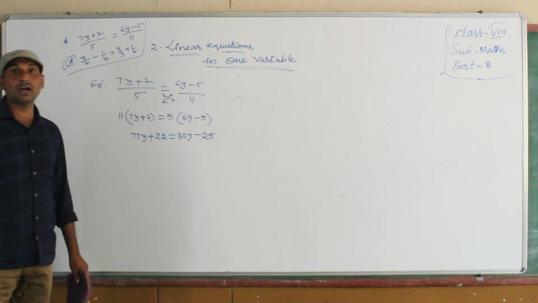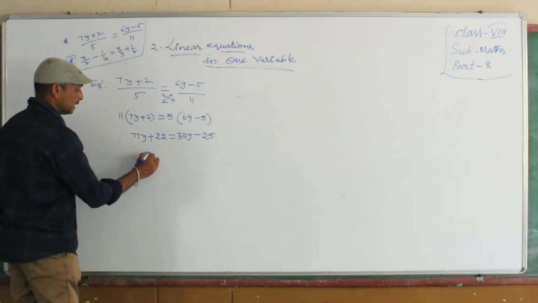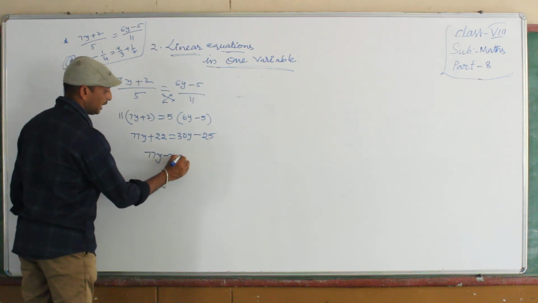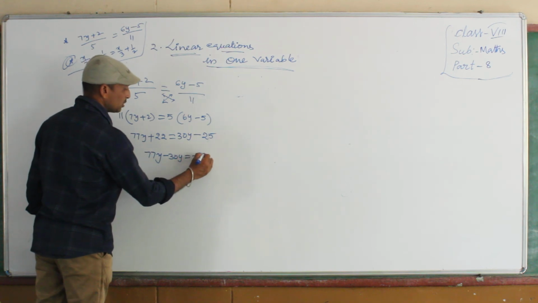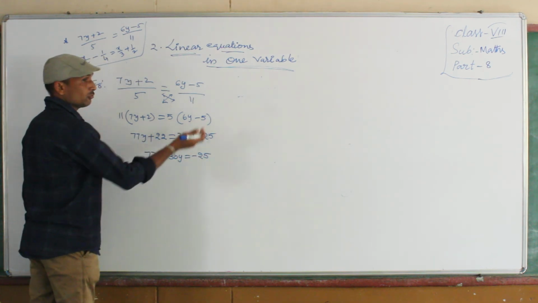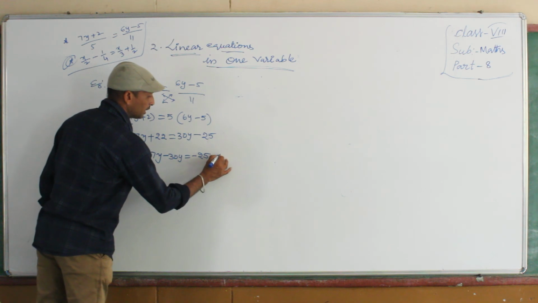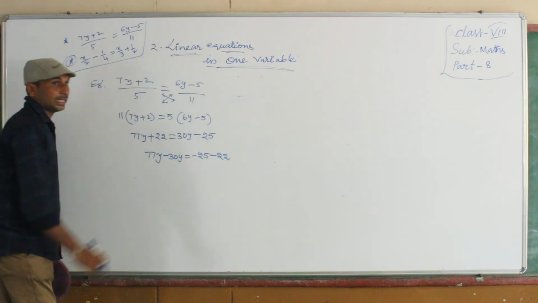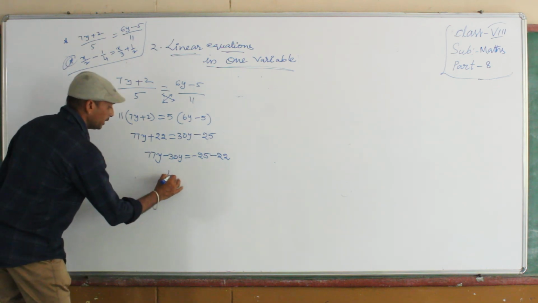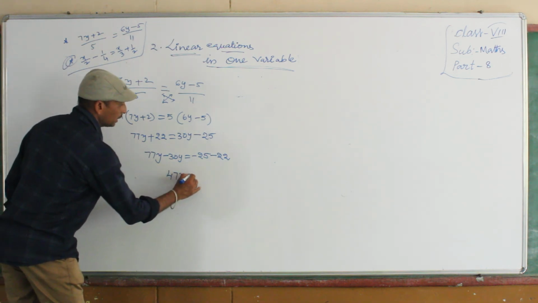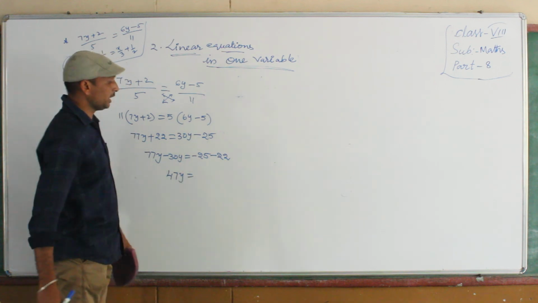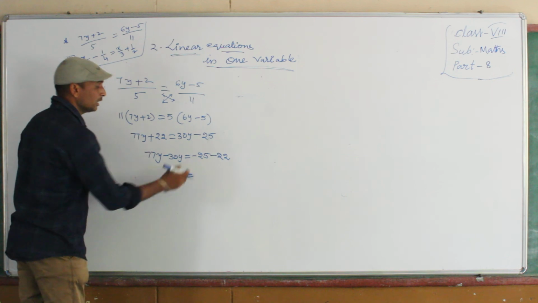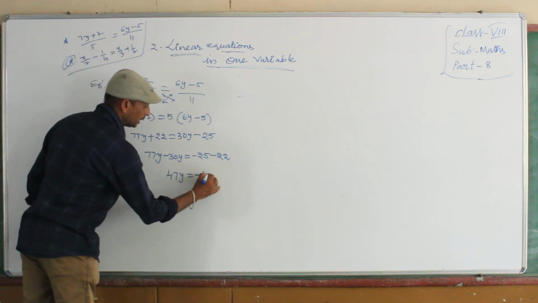Now all variables go to one side: 77y minus 30y is equal to minus 25, and this 22 transposes and becomes minus 22. 77 minus 30 is 47y. Minus 25 minus 22 is minus 47.